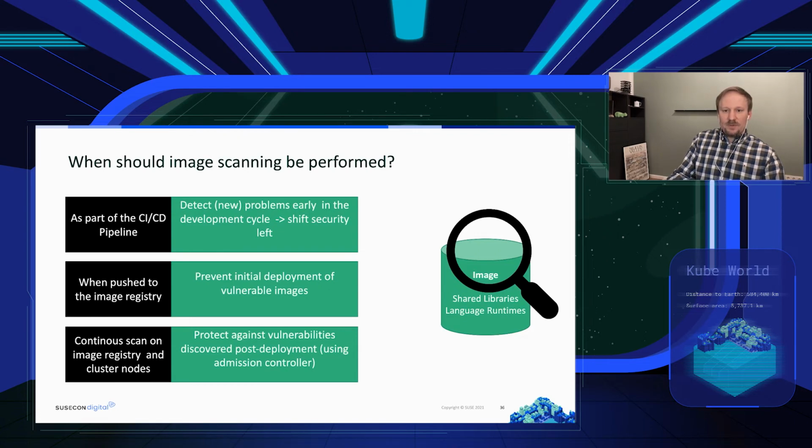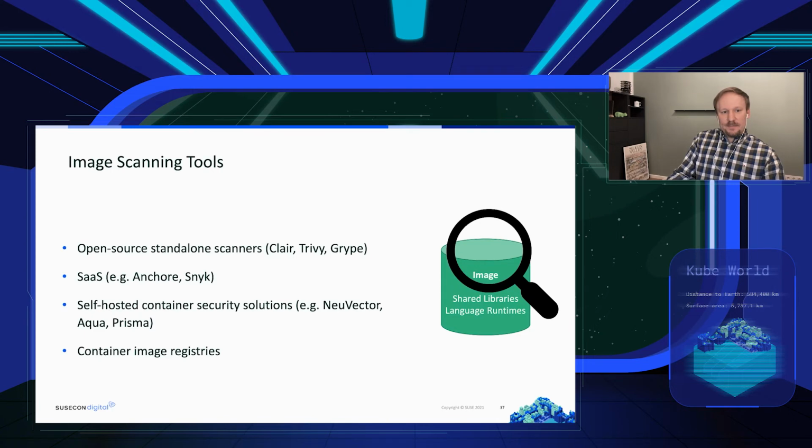And finally, you also need to continuously scan images when they're deployed, because there could be CVEs that were not known at the time, but once your application is deployed, they become known later. So you need to continuously scan also images while they're deployed, even if that's probably the harder part.